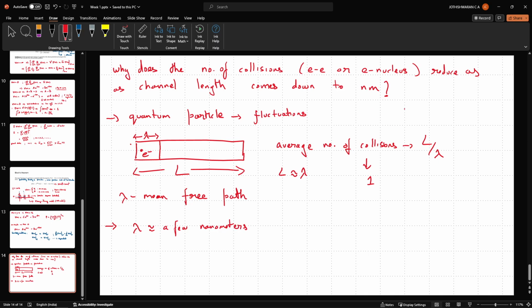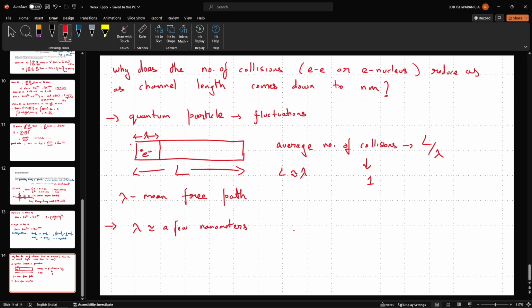Therefore, when we look at nanometer channels, our L is comparable to the mean free path. This is why we no longer have to consider electron-electron collision or electron-nucleus collision in channels of nanometer dimensions. Of course, if it goes below nanometers, into the sub-nanometer regime where we have only 1 or 2 atoms in the channel, then we will have to do a complete full quantum mechanical treatment.